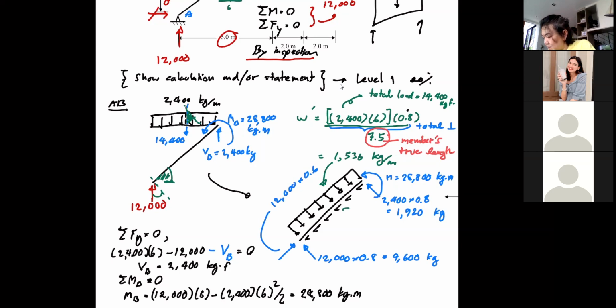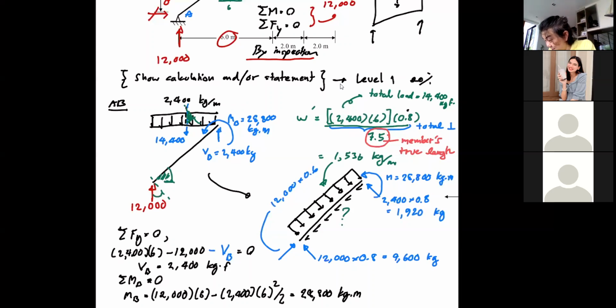And if you can include that, you know, I have to say, honestly, because we are dealing with, say, moment predominantly. So if you cannot complete the axial uniform load, I would not be very, very cruel to you, but you should know how to do it and should always complete it.